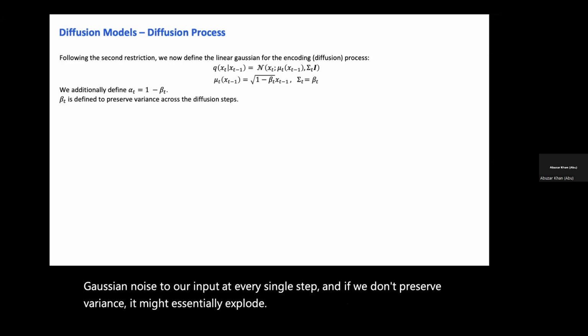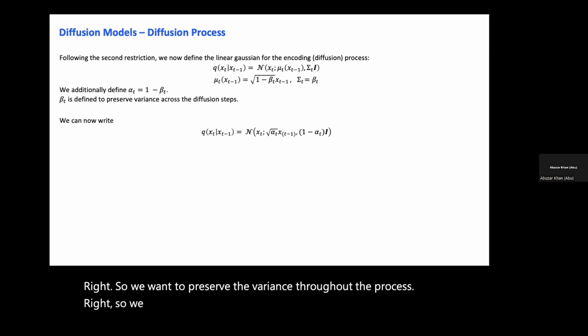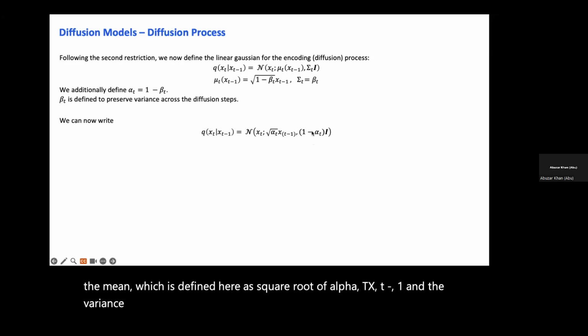So we want to preserve the variance throughout the process. Right, so we can now write q of xt given xt minus 1 as being sampled from a Gaussian with mean square root of alpha t times xt minus 1, and variance 1 minus alpha t. All we've done is replace 1 minus beta t with alpha t here.